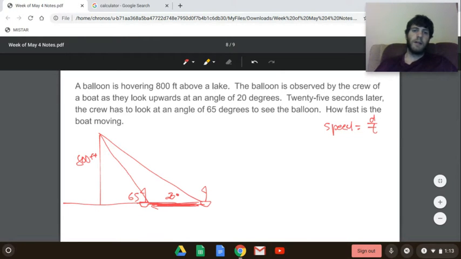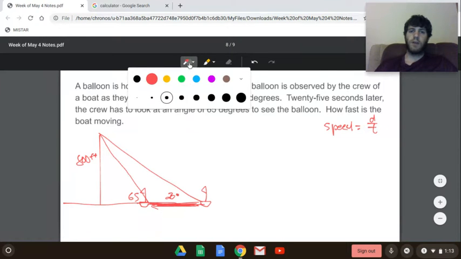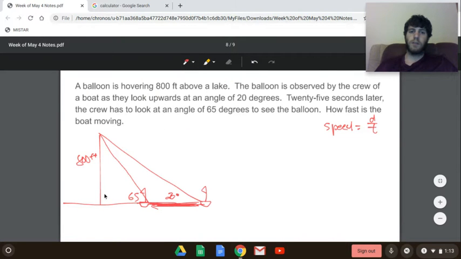Okay. So the first thing I think we should do is draw the triangle separately. I think that really does help. So if we look at the big triangle, the green one is going to be the big one. Okay, height is 800 feet. Okay, and then your angle is 20 degrees.